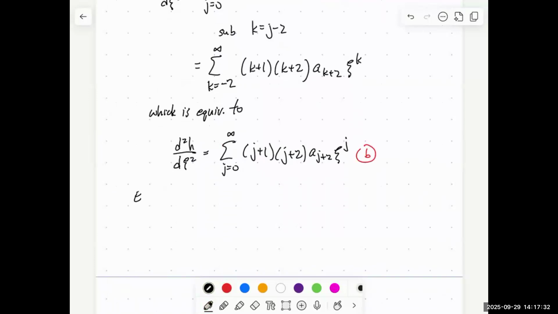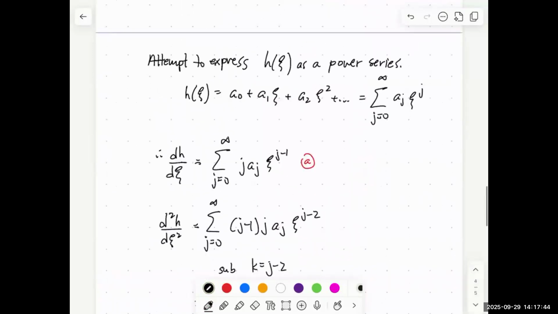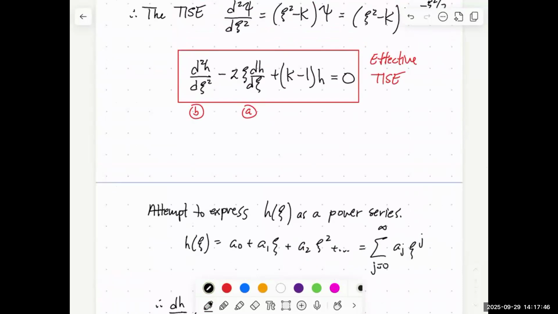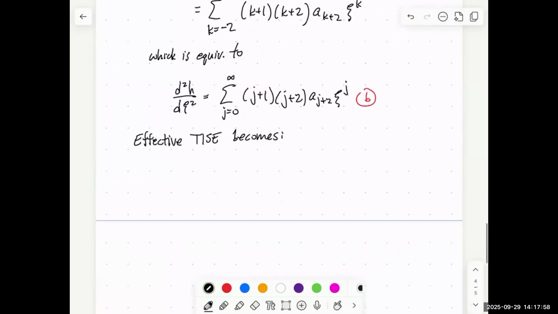And so now our effective time-independent Schrodinger equation becomes... Okay, let's remind ourselves of what we have to do. We have to take what we just worked out for the second derivative and then subtract off 2z times the first derivative. And we'll worry about the last term in a second. So we have the sum of j equals 0 to infinity, j plus 1, j plus 2, a_(j+2), z to the j.